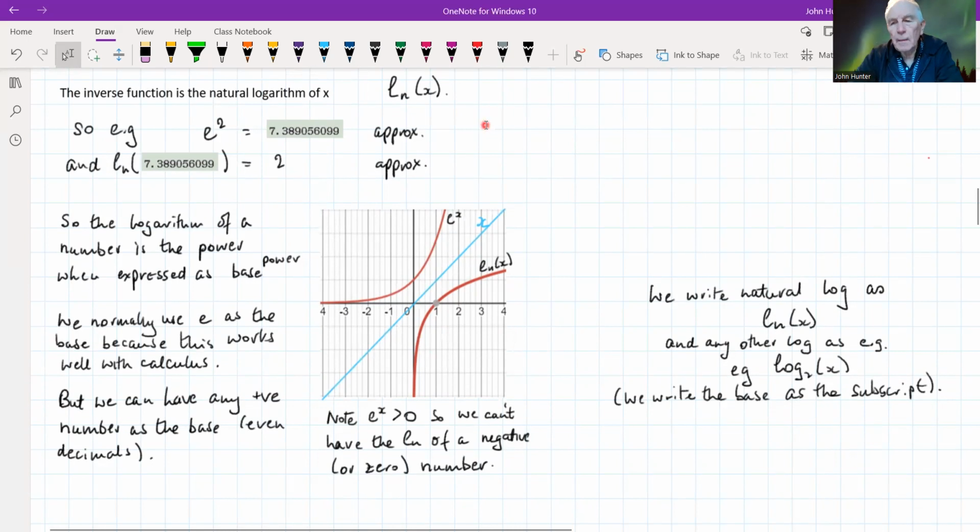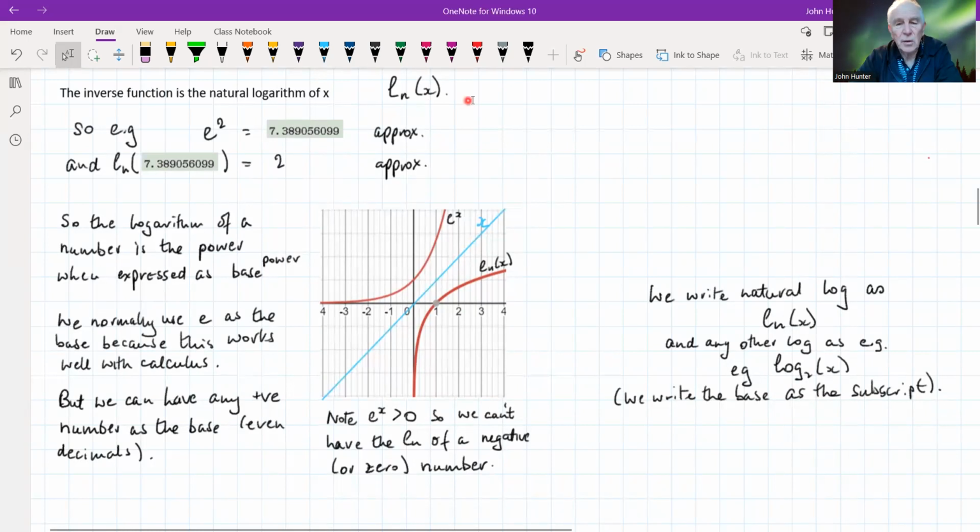Well, most of what we do in A-level maths concerns log base e. So that's the main pair of functions that we tend to deal with, the exp of x and the natural log of x. We call it the natural log.